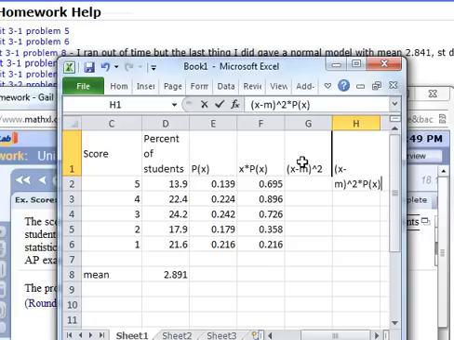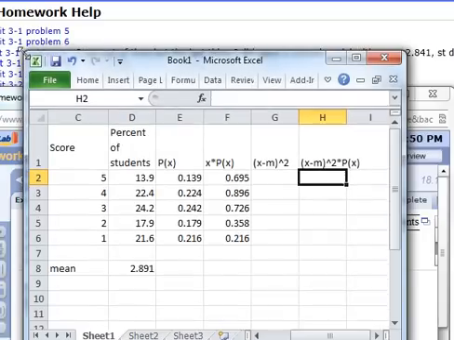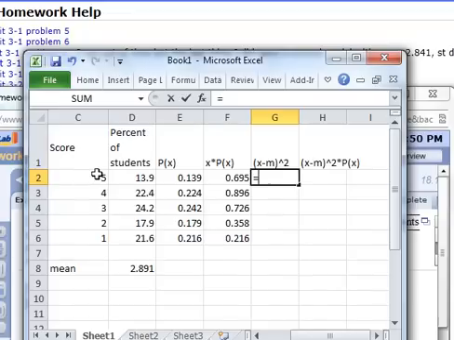And you sum that, and then the square root of that sum will be your standard deviation for the entire distribution. Okay, so you do x, which is right here, so this is going to be equals, and then it's going to be parenthesis, the x minus the mean, which is going to be an absolute reference, so we'll put an F4 on that, and we're going to square that, and we're going to fill that all the way down.